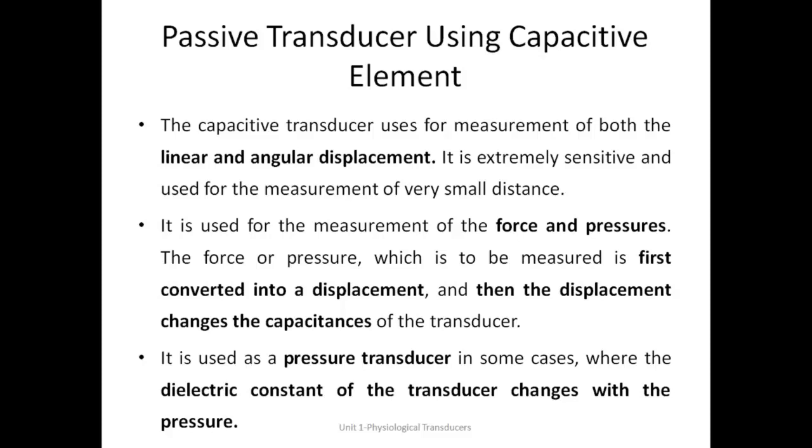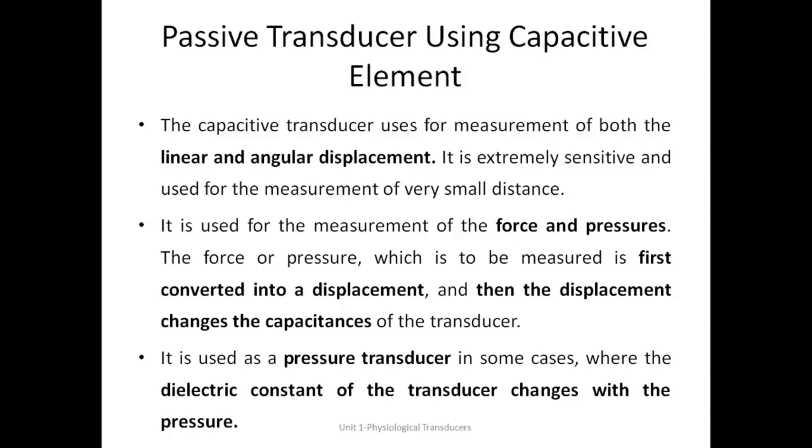The force or pressure is first converted into displacement, and then displacement changes the capacitance. It can also be used as a pressure transducer in cases where the dielectric constant actually changes with pressure. You might have some substance in between acting as a dielectric which is very sensitive to pressure.